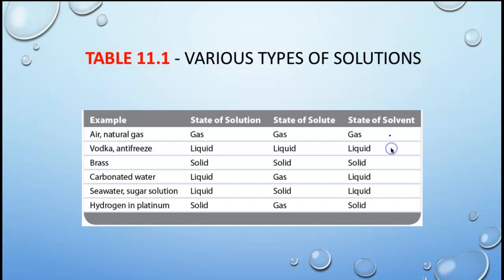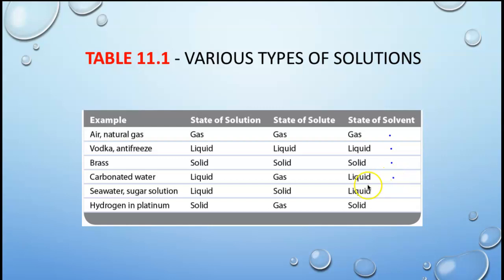If you dissolve a liquid in a liquid, that would be something like alcohol that you'd buy at the store, hydrogen peroxide, antifreeze, vodka, anything like that. You can dissolve a solid in a solid. Those are often called alloys, something like brass or stainless steel, and there are other types of alloys, solids dissolved in solids.